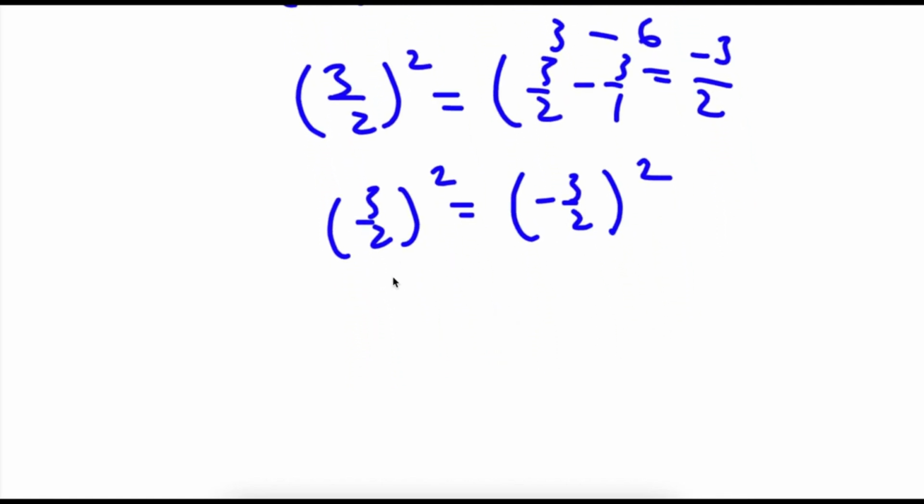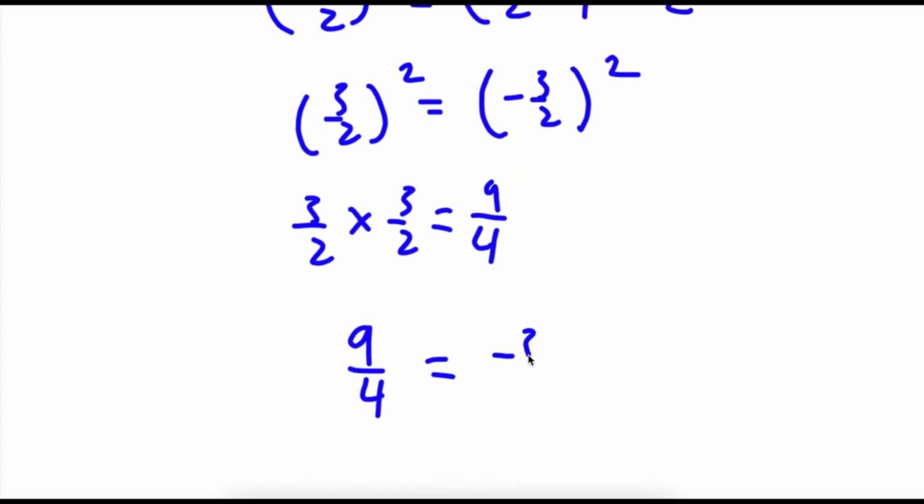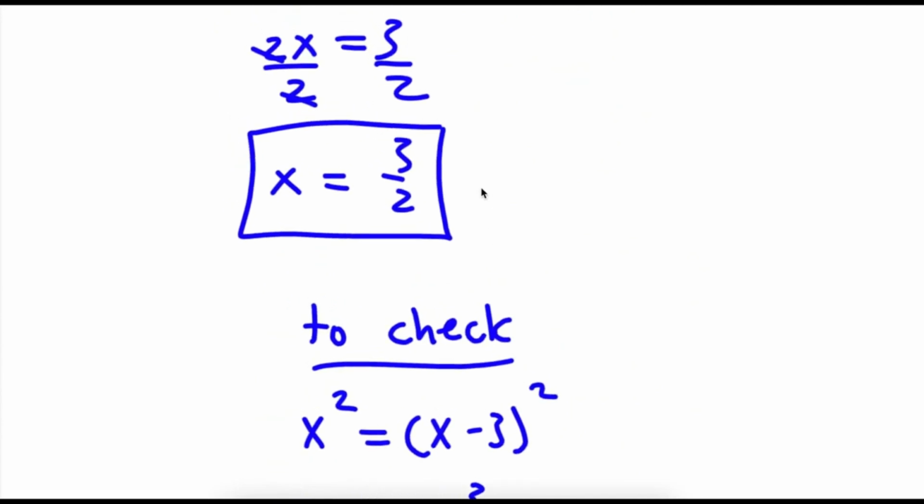And (3 over 2) squared is going to be 3 over 2 times 3 over 2, which is equal to 9 over 4. So I have 9 over 4 is equal to (negative 3 over 2) squared. It's equal to negative 3 over 2 times negative 3 over 2, which is equal to, negative times a negative is a positive, so 9 over 4. So I have 9 over 4 is equal to 9 over 4, and this is right, so our solution is right.